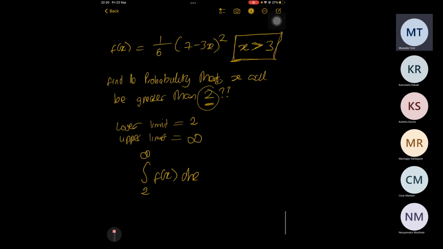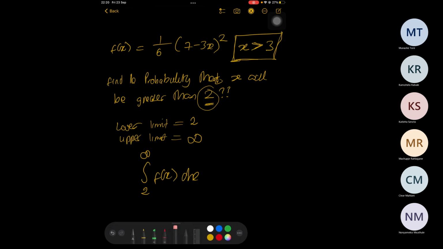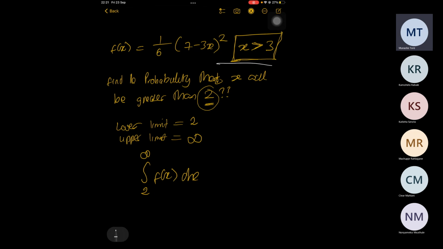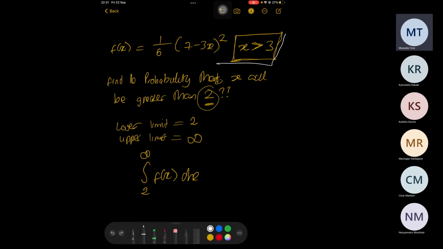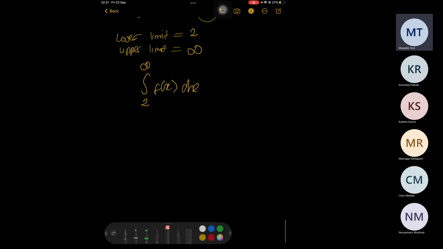Whenever you're not given a specific range, and it's more or less like how I represented it here, you'll be dealing with infinity. When you're dealing with infinity, you have to revisit your maths.